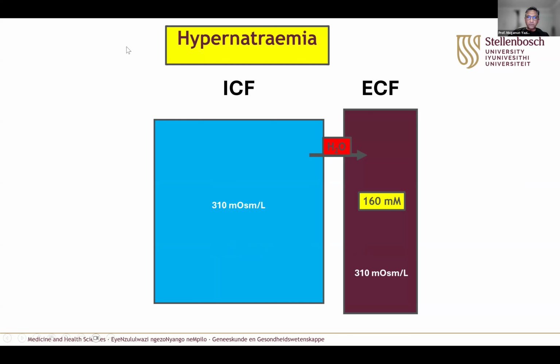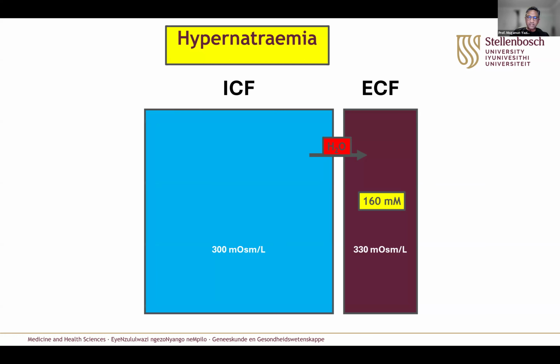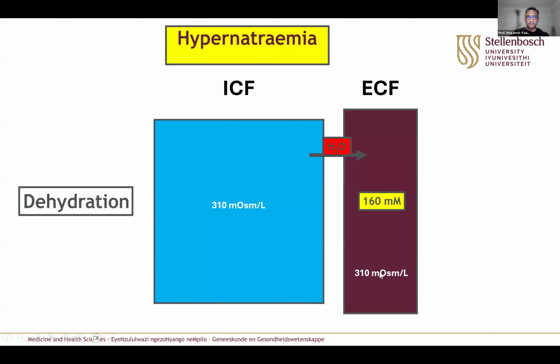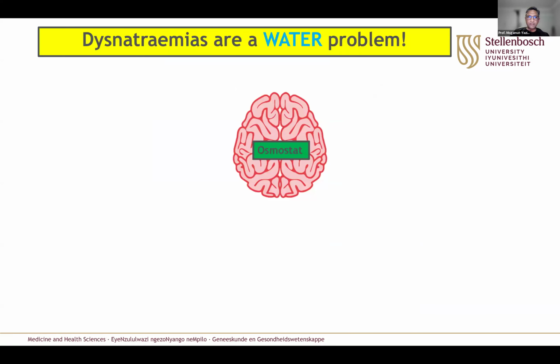So water will move, as I've shown you here. So water moves into the ECF compartment, and it will move until the osmolality across the membrane is the same again, and then it stops moving. So, as I've mentioned, dysnatremias are a water problem.